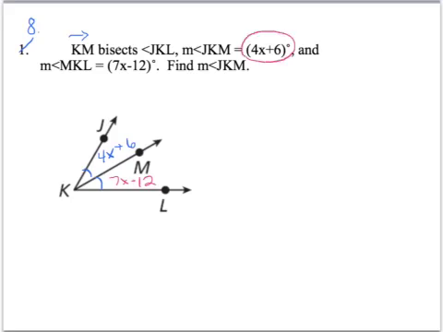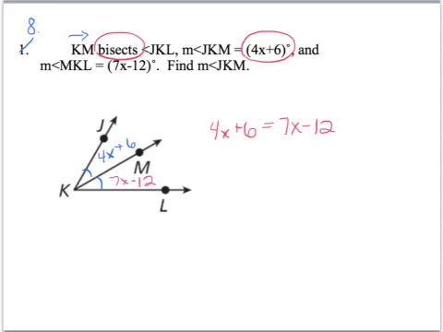Alright, you do not have a total degree given, so the only thing you can do is set them equal to each other. And that's exactly what you want to do whenever they tell you something is bisected, and since we know that the angles are congruent, their measures have to be the same. This is going to be 4x plus 6 equals 7x minus 12.